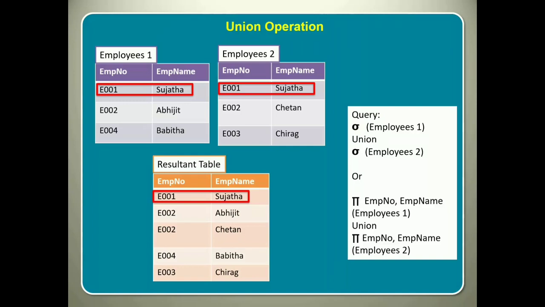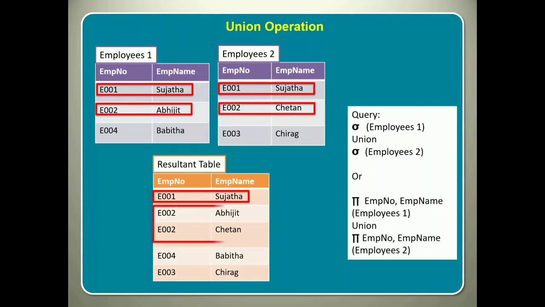So this record will not be copied in the resultant table again. Employee number E002 is same as employees 1, but employee name is different. So this record is copied in the resultant table. Employee number E003 is not in employees 1 table, so this record is also copied in the resultant table.